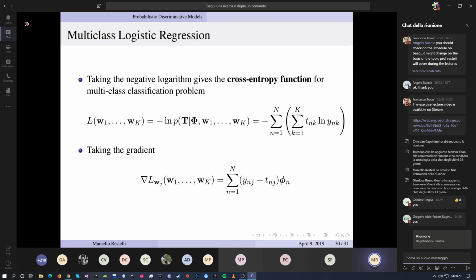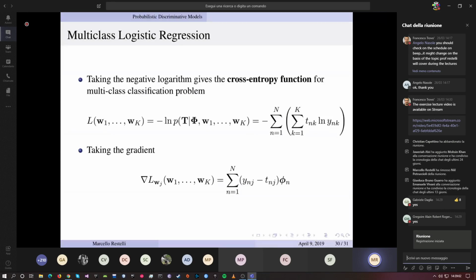So the summation over the examples of the difference between the model prediction for this sample using the weights of class j minus the element of the target matrix at row n and column j, multiplied by the feature vector of example n. So this is exactly the same gradient that we saw before, specified for the parameters of class j.